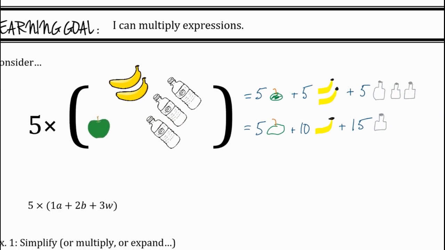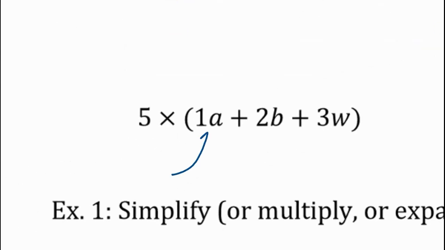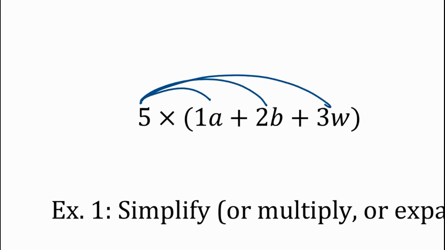How does that relate to what we're going to do? Because what we're going to do is with just variables and algebra. Look at, you need 1 apple, 2 bananas, 3 waters. So I need 5 of that, 5 of that, and 5 of that.